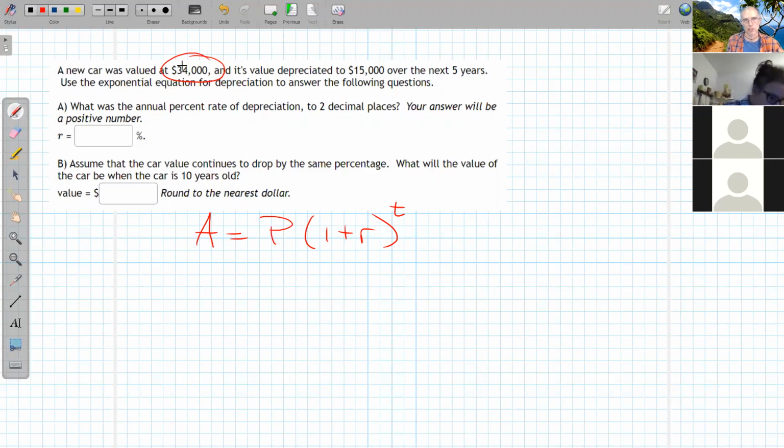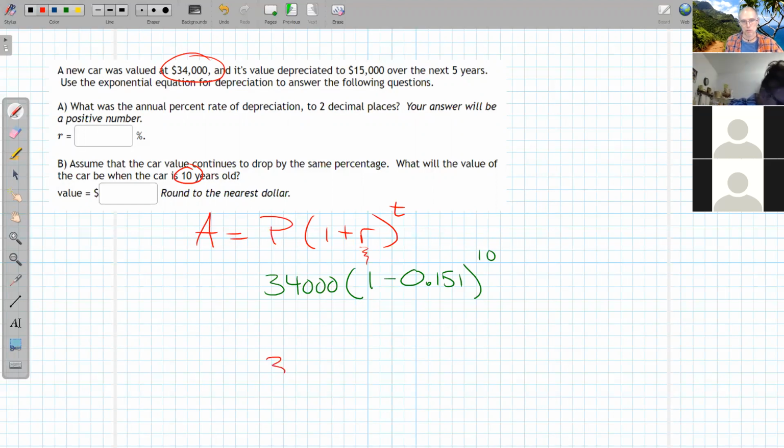Mine's 34,000, Brenda's was 30,000. And we now know a value for R. We're just plugging in 10 for T. So on mine, I would enter 34,000 times 1 minus whatever my percent was. Now mine was 0.151, to the power 10.